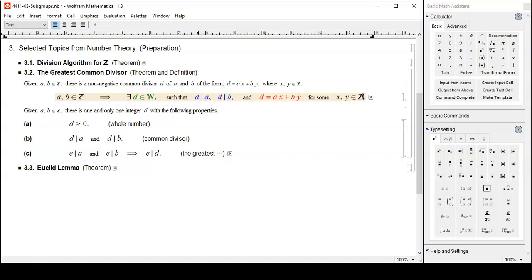So we have to prove all these three, green, blue, red, for a certain non-negative integer d, and we have to prove that thing exists. And that's what we're going to do here.